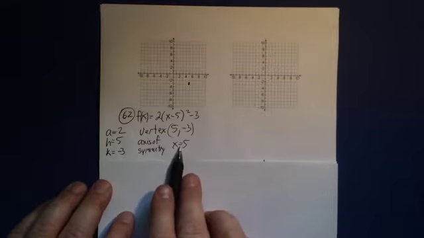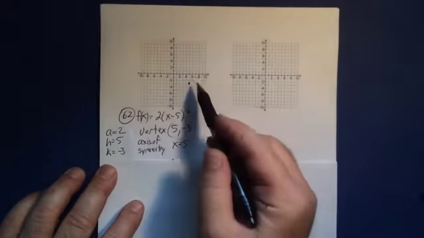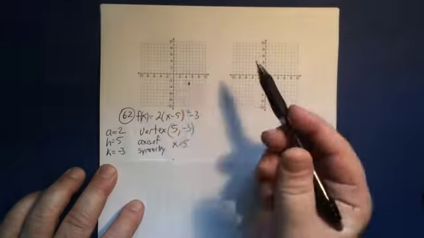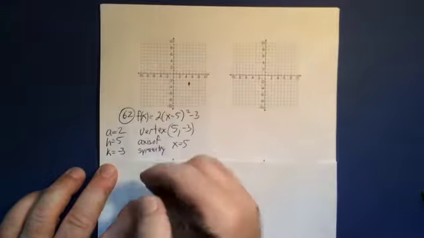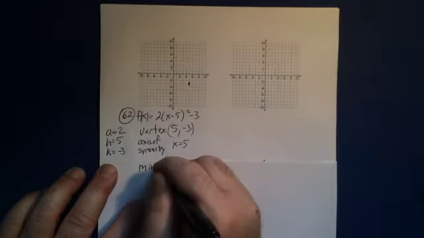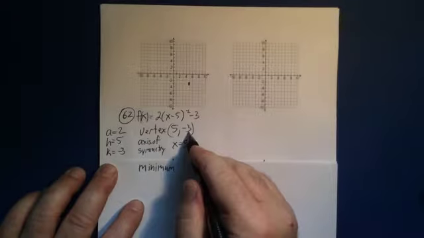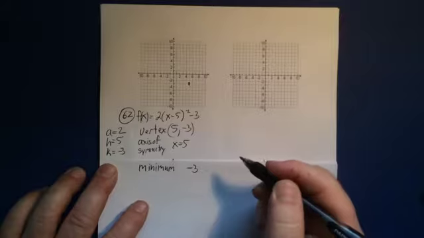Next thing I'm going to do is, I know that I can get either a maximum or minimum, and because this is positive, when we graph this, we should establish that this is a minimum because the graph is going to go upward. So we're going to say it has a minimum at the y value of the vertex, where it has a minimum at -3.